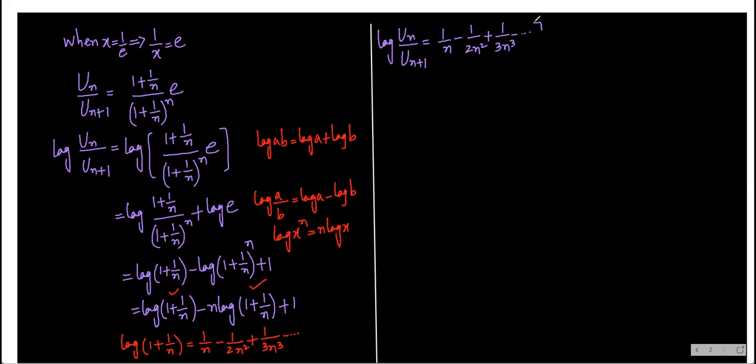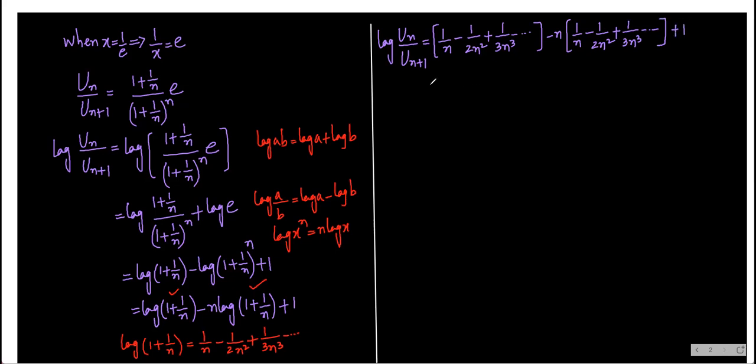That bracket will be closed for the first expansion. Minus n times of, we need to expand one more time, that is 1 by n minus 1 by 2n square plus 1 by 3n to the power of 3 minus and so on. This bracket also will close, and plus 1 we have to write as it is.